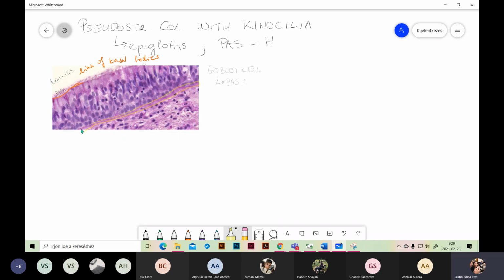This basement membrane is very thick in the respiratory tract, and it is also PAS-positive because of the reticular fibers. The basement membrane will be PAS-positive. It's very important.